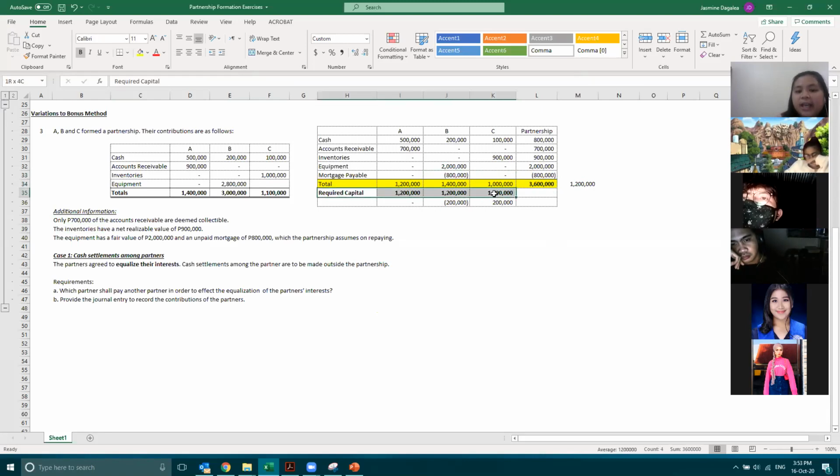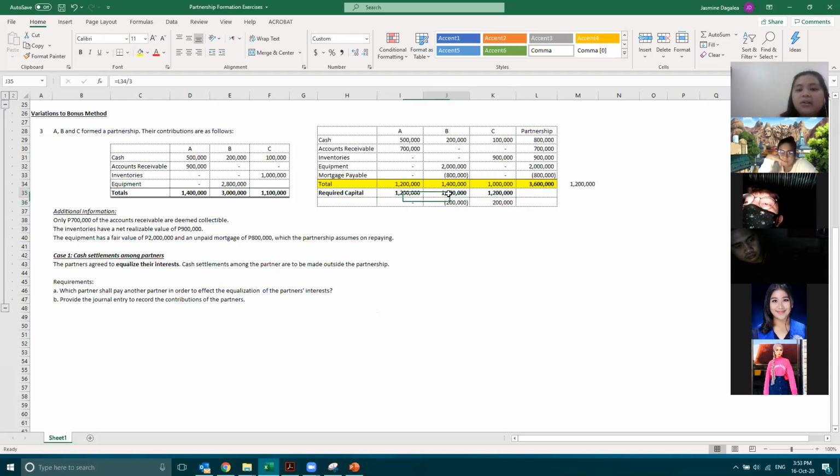So, ito na yung i-extend nyo sa balance sheet nyong capital accounts of A, B, and C para equal sila. So, since si A, nag-contribute siya ng total of 1,200,000 and yung required capital is 1,200,000, wala siyang babayaran or wala siyang matatanggap from any partners.